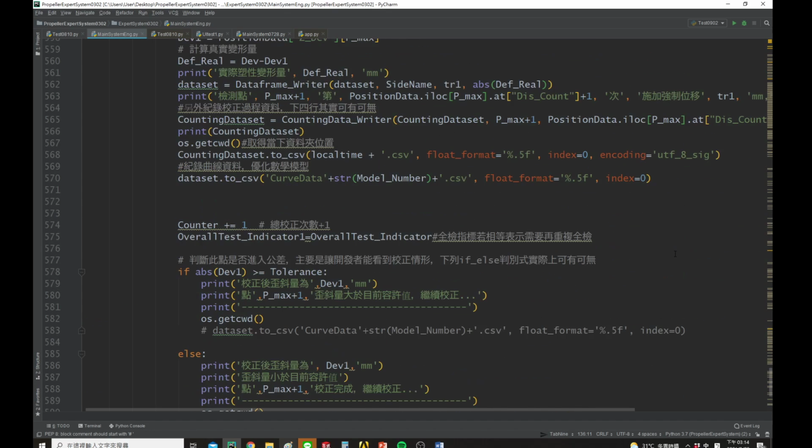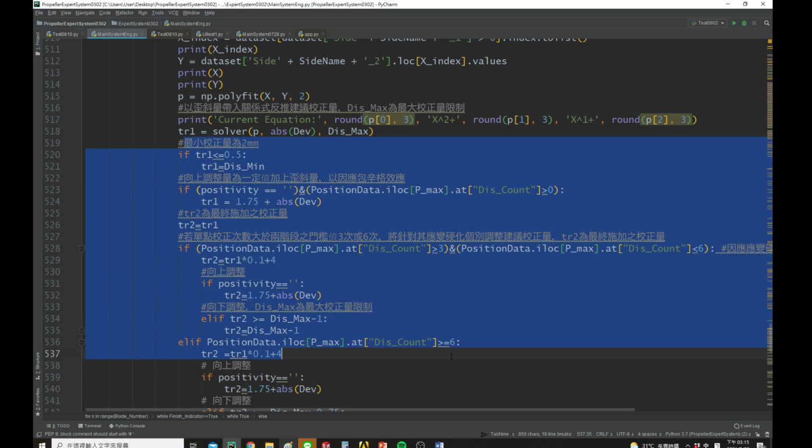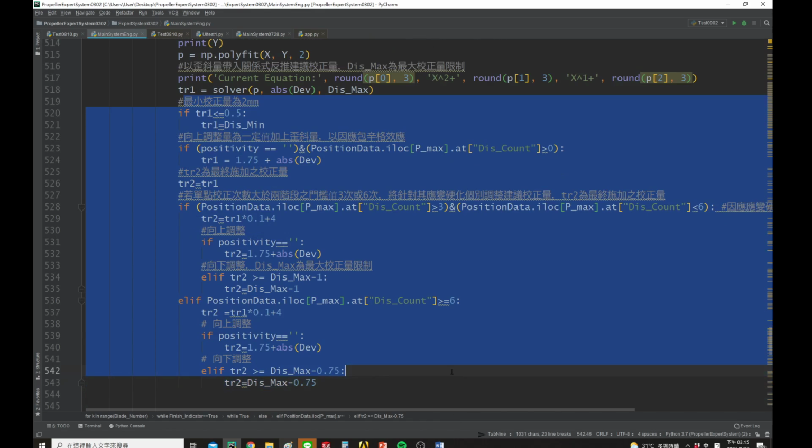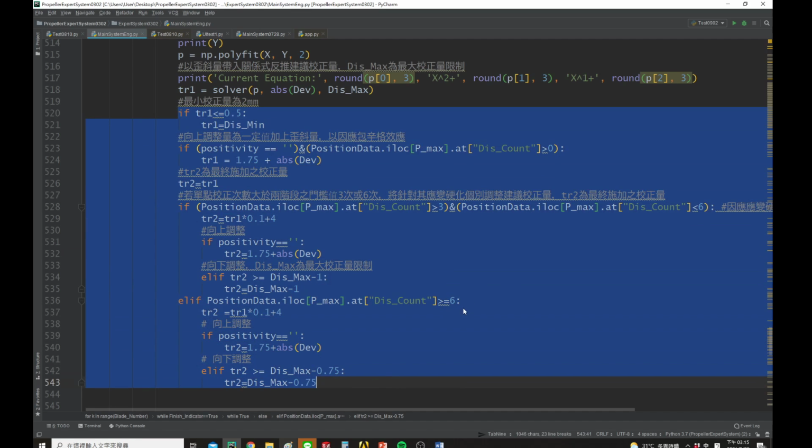There are some important things I want you to know. In single point tuning, you can see that the code is quite complicated, because this result comes from experiment. If we change the propeller model, this one might not work for another type of propeller.